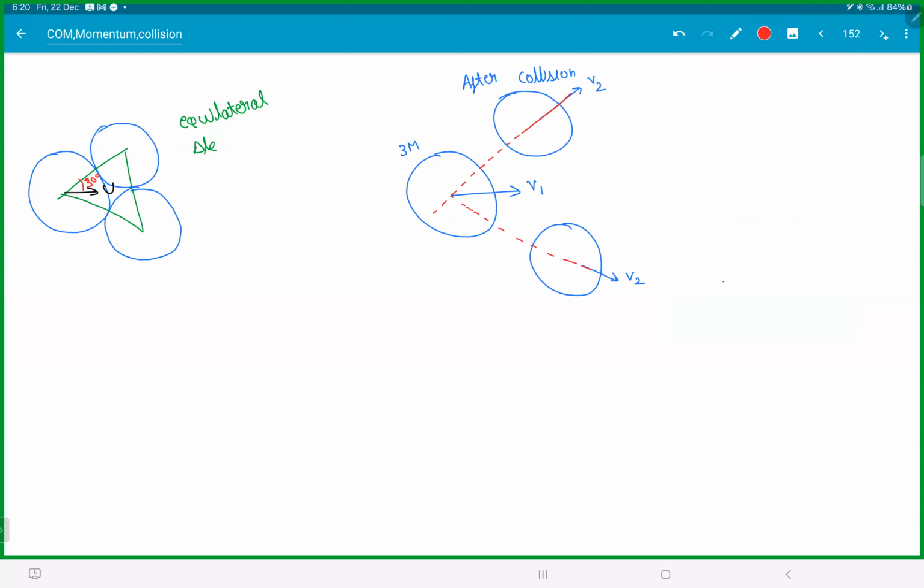There is no way that two m balls can go in some other direction. For the 3m, by symmetry, the forces are n and n, so the resultant is horizontal. Therefore, 3m's velocity is also horizontal. Since force is along the normal, the ball m will go along the normal. This is the first thing, the diagram.